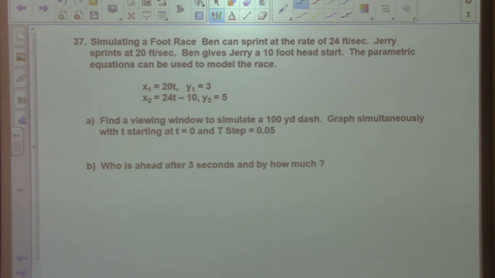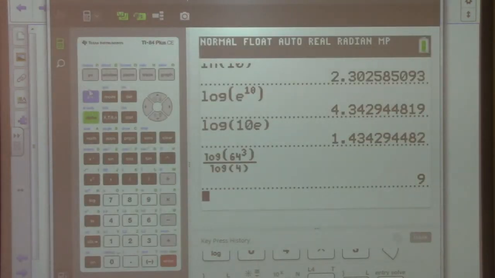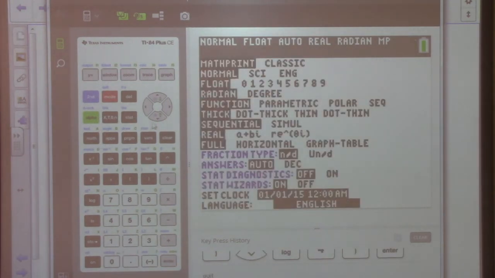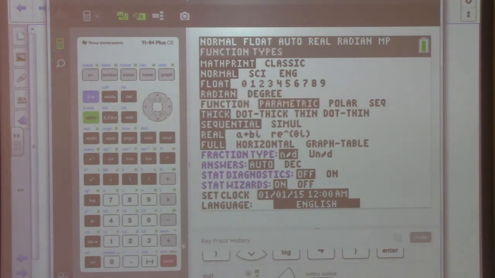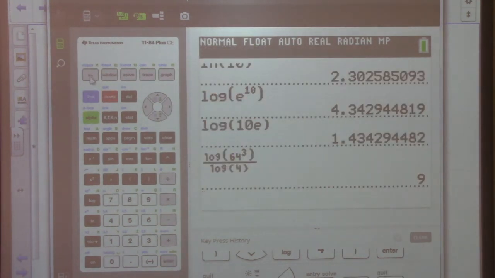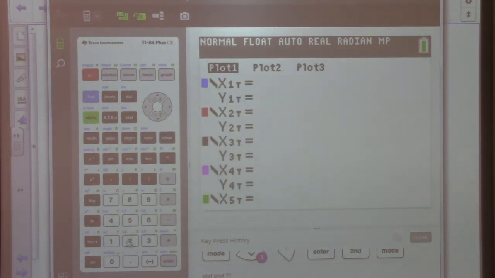So we can go to our calculator and put 20t here. I need to go into parametric mode, don't I? So we come right here and we put 20t.